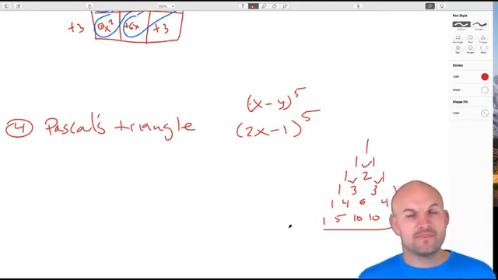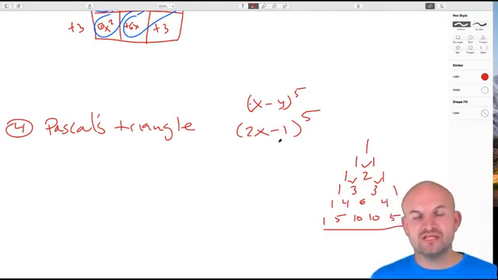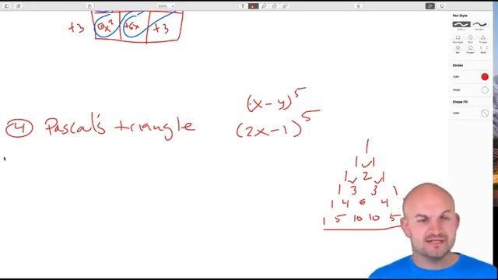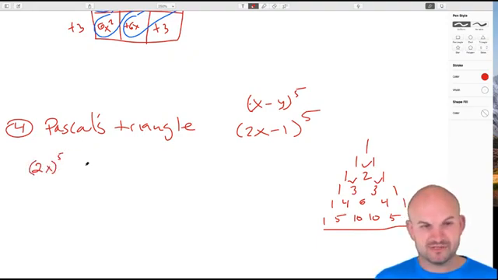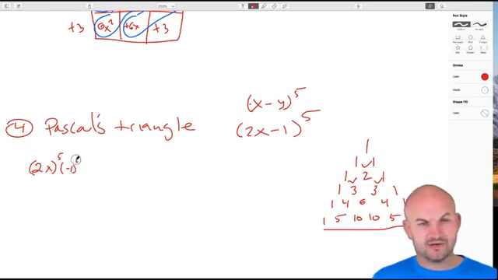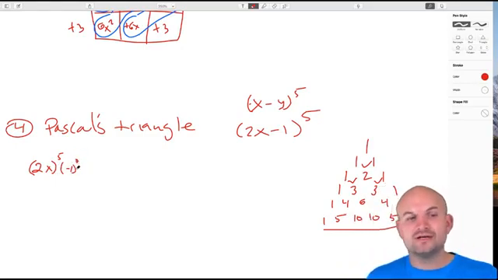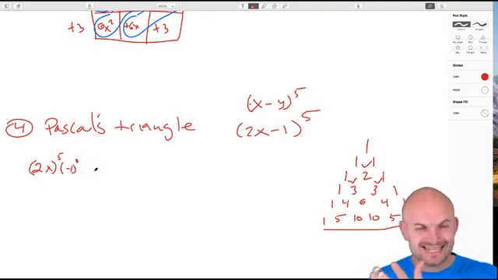All right. Now, the main important thing is really understanding these binomial expansions. This is something that I spent a whole lesson on, so I don't have time to do that. But what I will say is the first term is always going to be to the power of your binomial expansion. The second term is going to be starting at 0. What we do is take the first term going down in descending order and the second term going in ascending order.